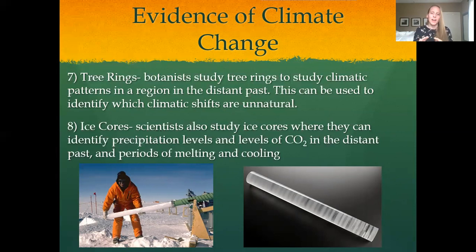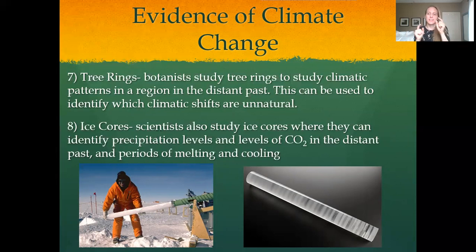Ice cores, also super cool. They have been studied by scientists for decades now as well. Essentially, they take one of these big ice borers and they drill way down into a glacier, usually in Antarctica or Greenland or in the Arctic. And then they can analyze that layer by layer. So each one of these light and dark layers is like a winter and a summer. So every pair of light and dark layers is a year.